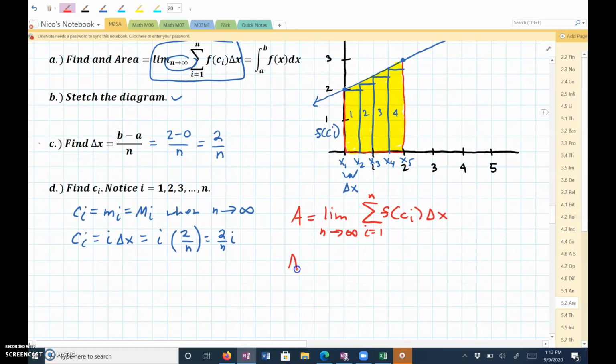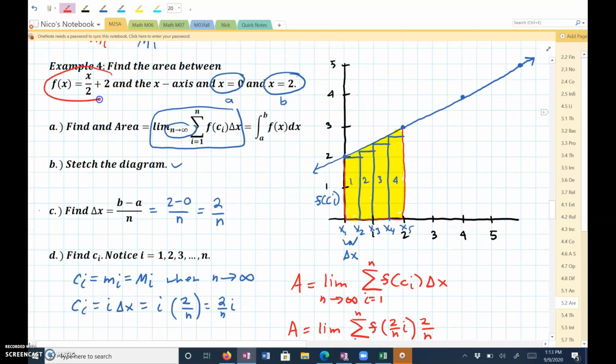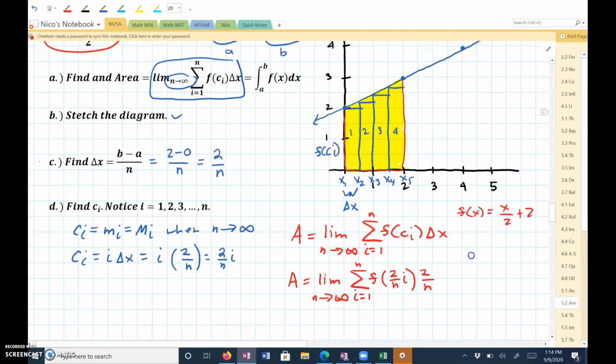And then we are just going to fill in and solve this. So f of c sub i is 2i over n, and delta x is 2 over n. Notice that f of x is this guy here, x over 2 plus 2.